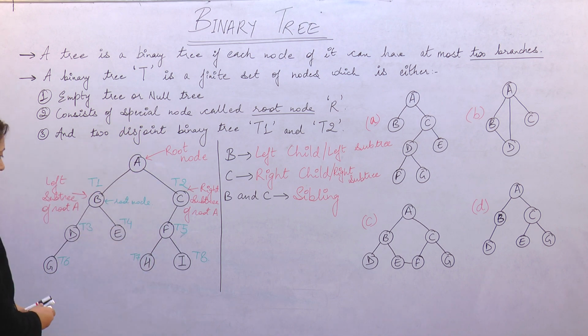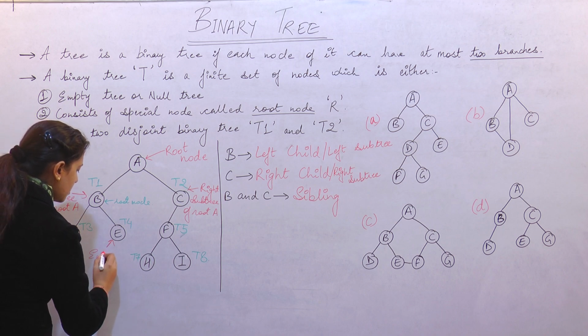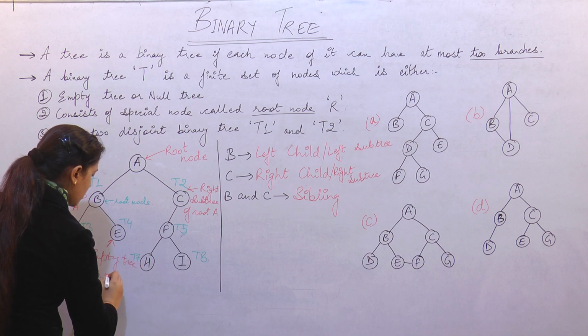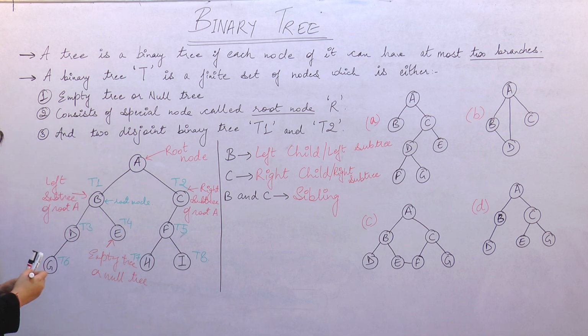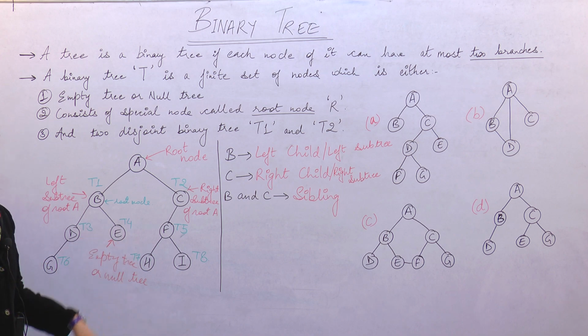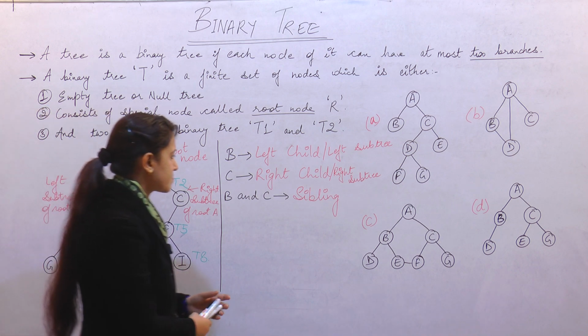We can consider node E as empty tree or null tree because it does not have any children, any left subtree or right subtree. That's why we are taking E as empty tree or null tree. Similarly, H and I also are empty trees or null trees.